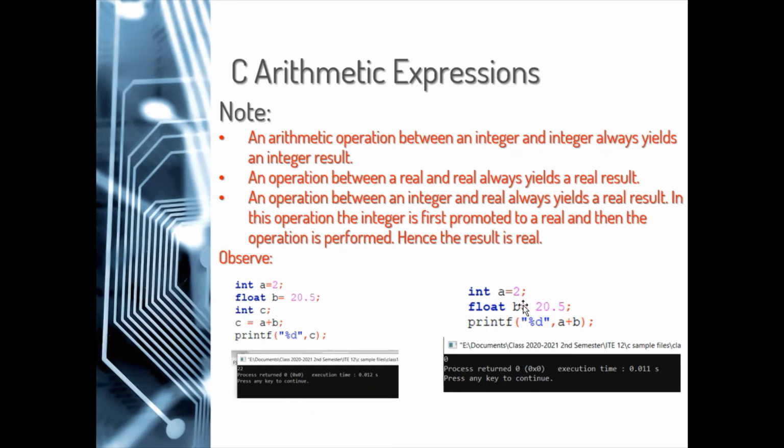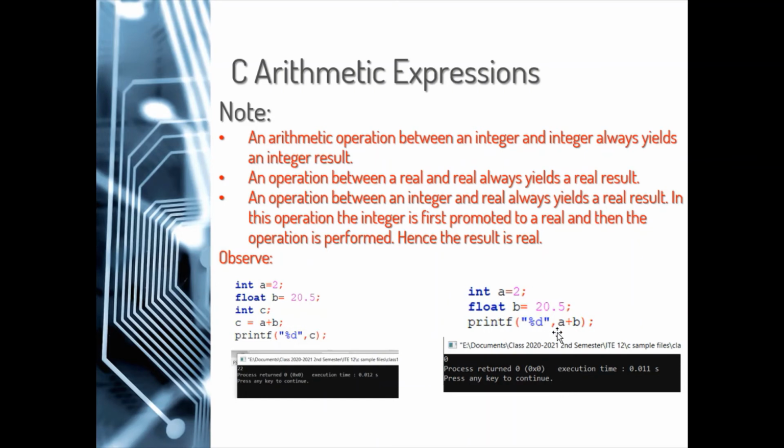So here is a proof for that. We have the int a and the float b, the same values as here, but we did not put the result in an integer c. We used the plus directly. If the result of a plus b were an integer, a result should come out.